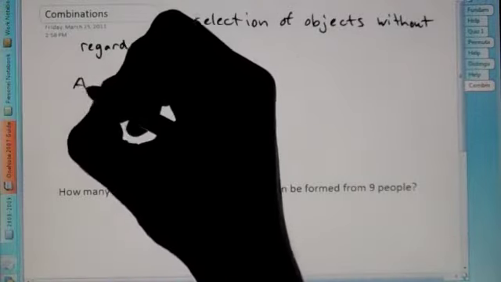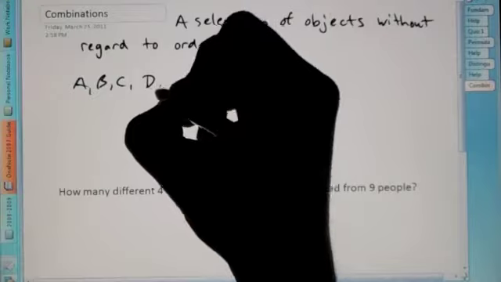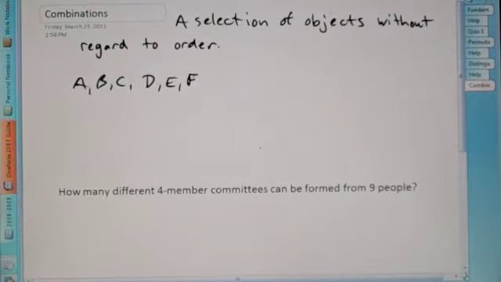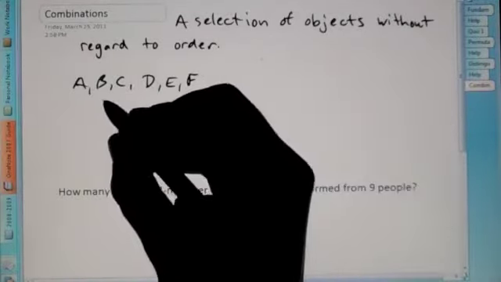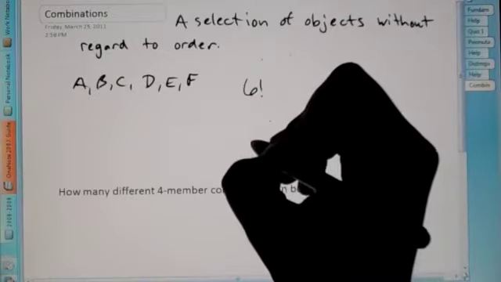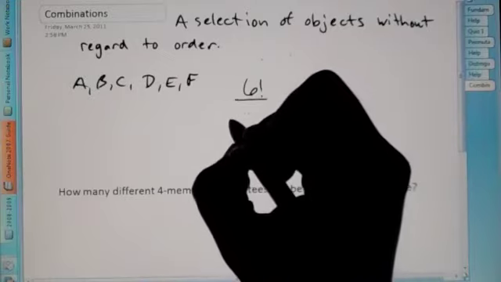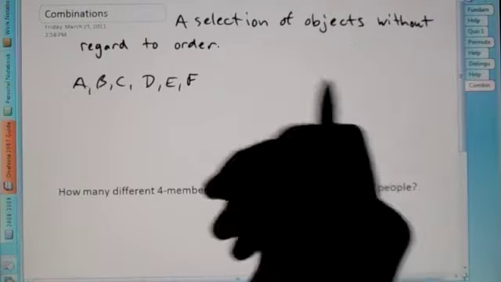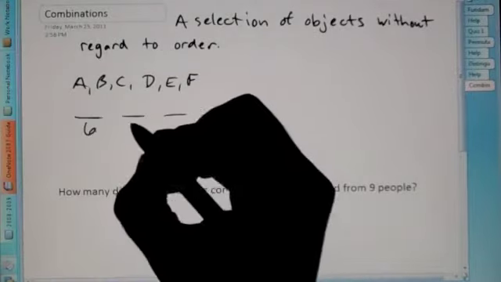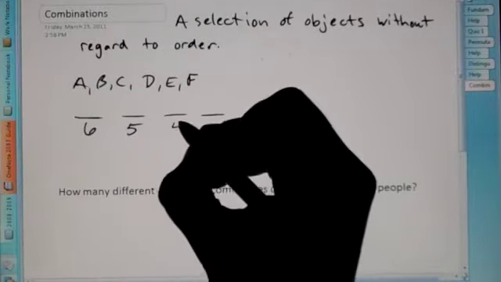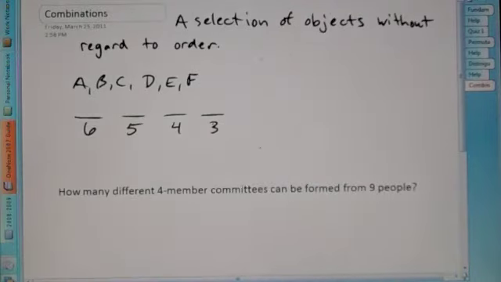So for an example, if I were to give you A, B, C, D, E, and F, and I were to ask you how many combinations of 4 of these letters can be selected from these 6. Let me start over. We have our 4 spots. There's 6 options for the first one, 5 for the next, 4 for the next, and 3 for those 4 sections.